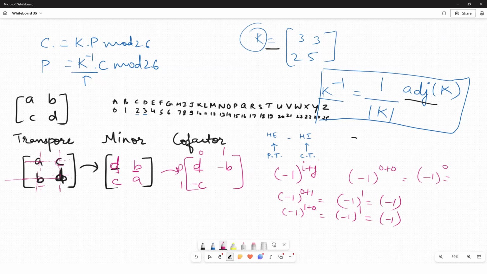So this element would be -C. And the last one is -1 to the power of 1 plus 1, this would be 2, which is a positive value. So D, minus B, minus C, and A. This would be the adjugate for the key.